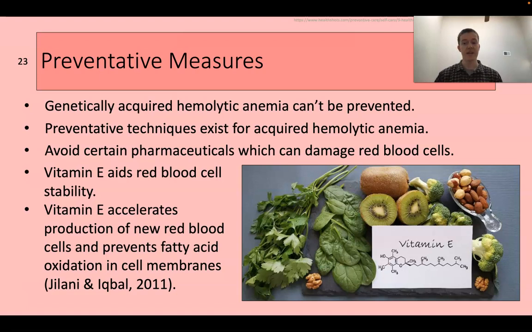The vitamin can prevent oxidation of fatty acids in the cell membrane of red blood cells, and as a result, the membrane is less fragile and more resistant to lysis. Vitamin E has also been shown to accelerate erythropoiesis, or the production of new red blood cells.